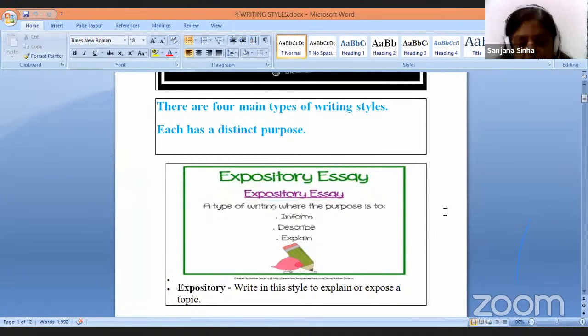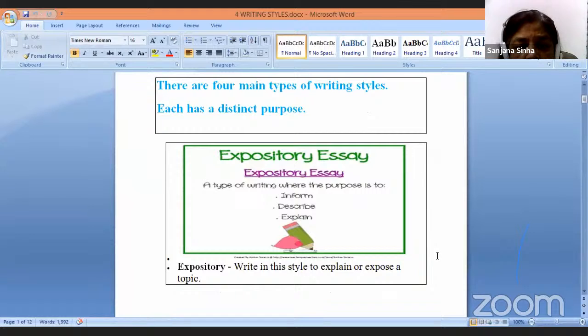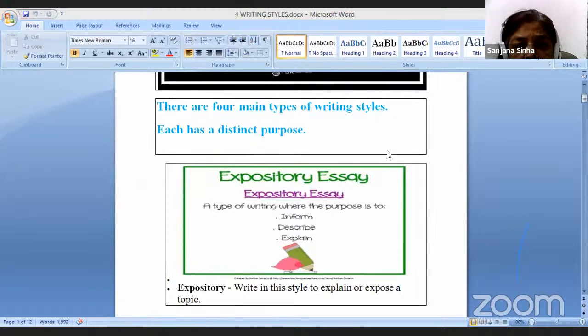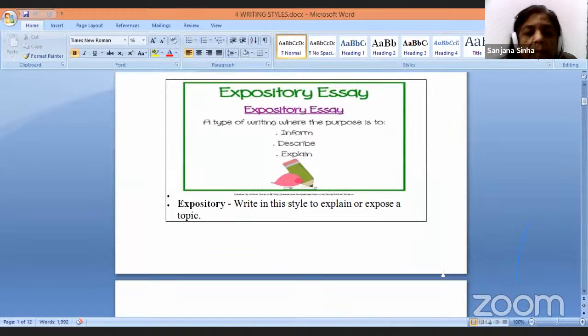Question number 2: what is the purpose of expository writing style?